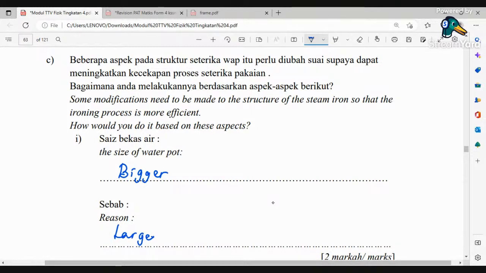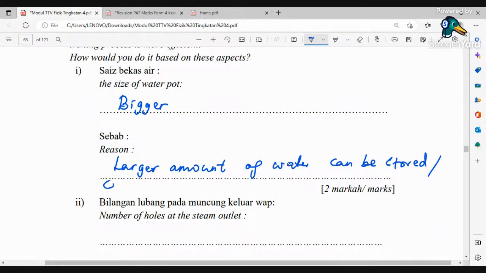Larger amount can got or can supply steam.